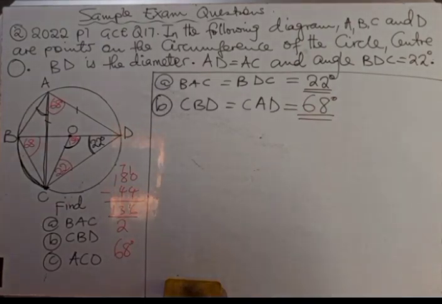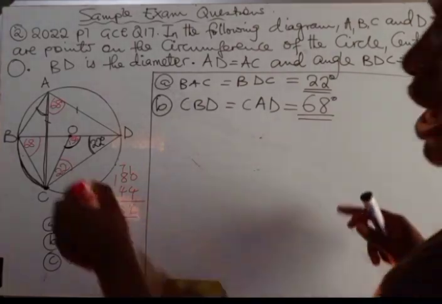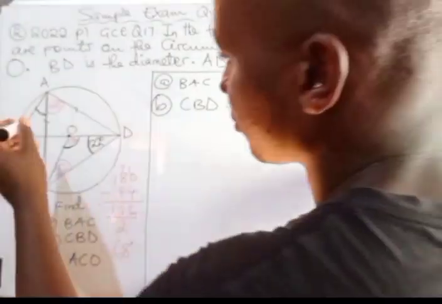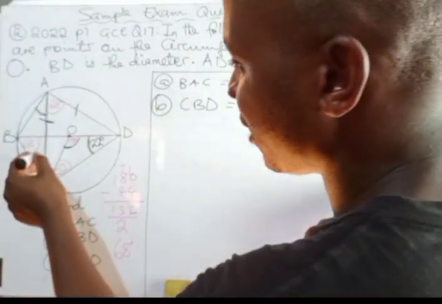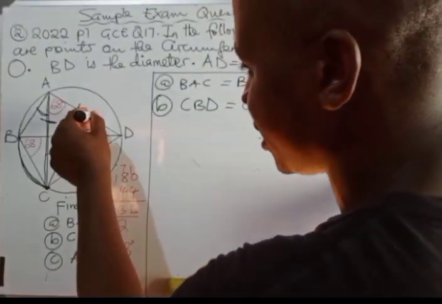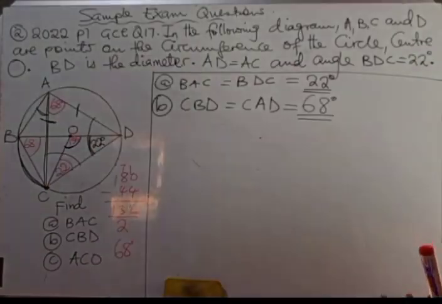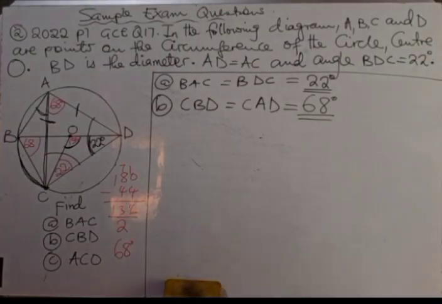Allow me to continue. Now that this line and this line are equal, this angle and that angle are the same.